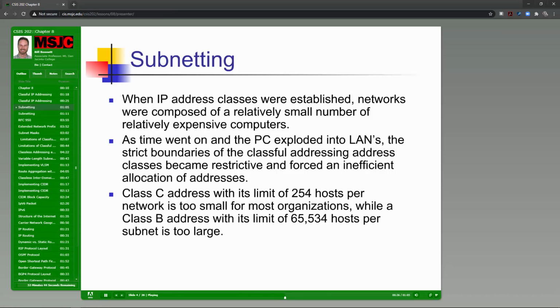Class B addresses had a limit of 65,534 hosts per subnet, which is much too large for many organizations. In fact, the IEEE, the organization that defines a lot of the lower layer, the physical and the data link layer specifications for networking, have basically stated that you should never have more than 1,024 hosts on a single segment.